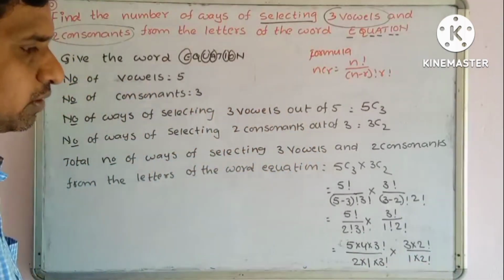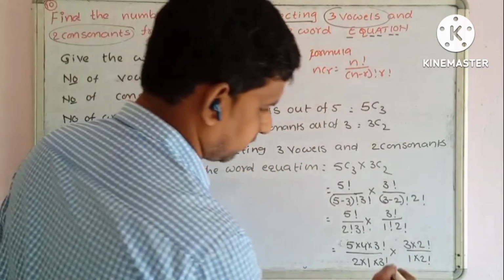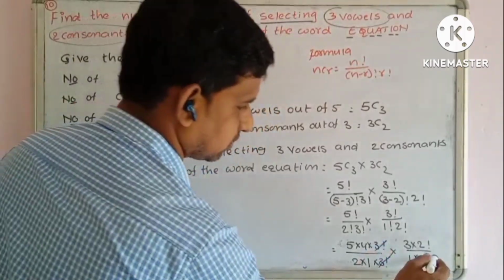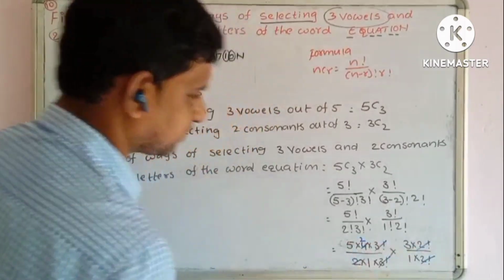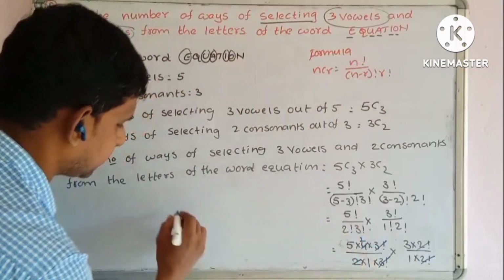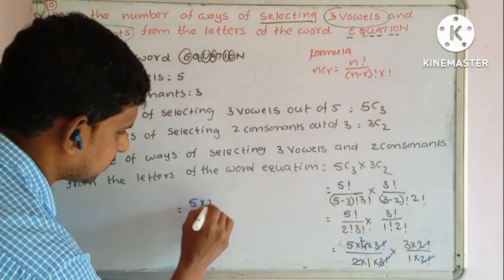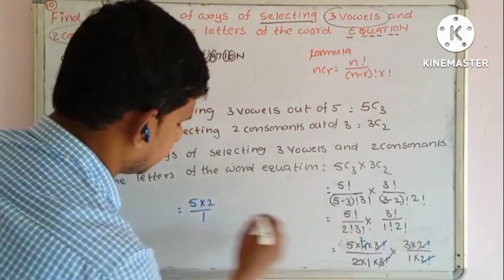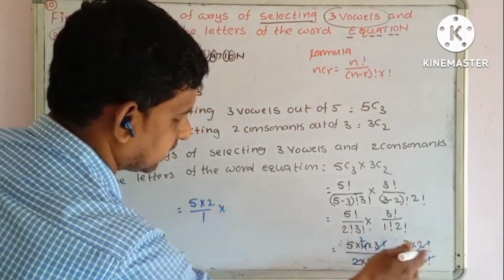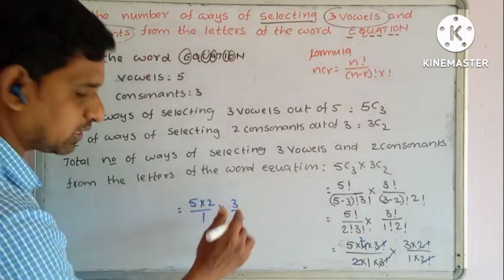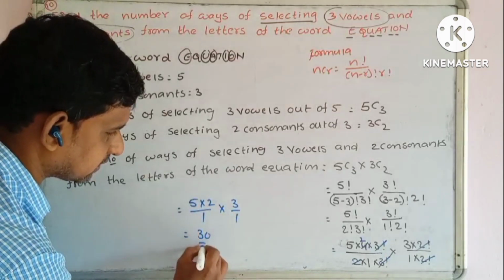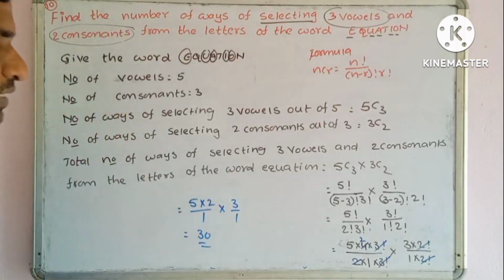Observe that 3 factorial gets cancelled and 2 factorial gets cancelled. 2 how many times? 2 times. 5 times 2 is 10, 10 times 3 is 30. 30 by 1 is 30. So the number of ways is 30.